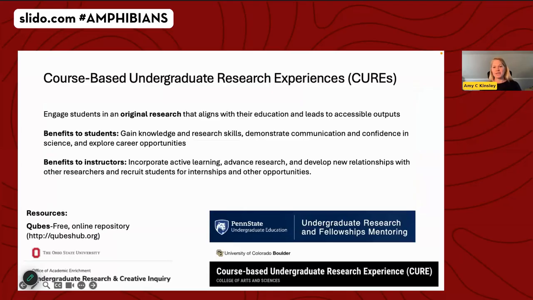And so one way we engage colleges and university instructors to participate in the program is through something called a course-based undergraduate research experience. And these are often called CUREs.